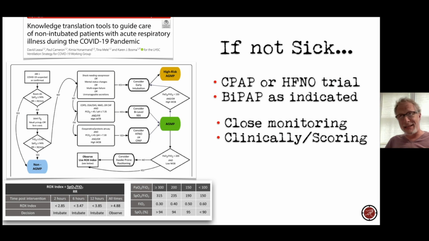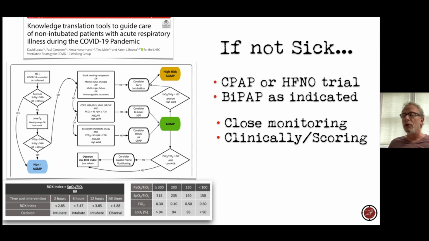If they're not that sick, if they're not altered, their respiratory rate is less than 30, they're not significantly dyspneic, they don't have significant work of breathing, they're not acidotic, then you can use a trial of CPAP or high flow, or if indicated, BiPAP. But all of these patients need to be in a resuscitation room where you're going to follow them closely, because they're going to turn around or not turn around in the first half hour to an hour.